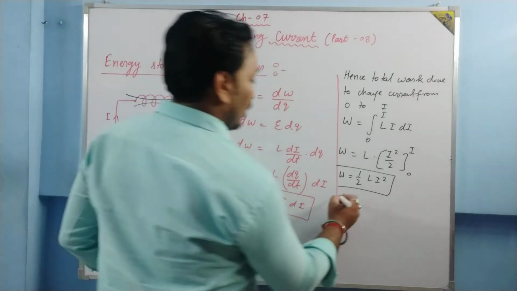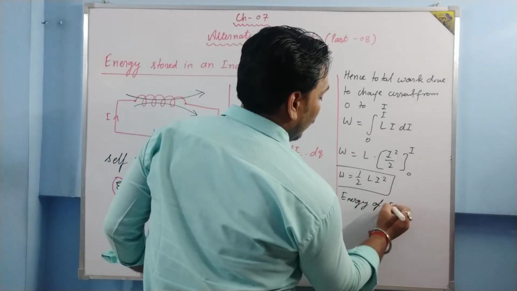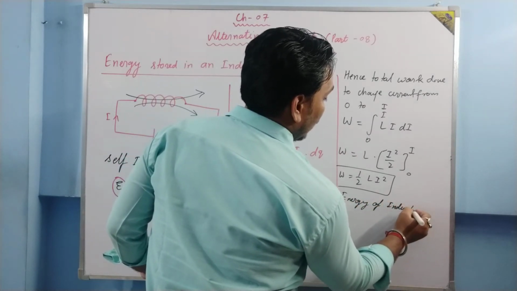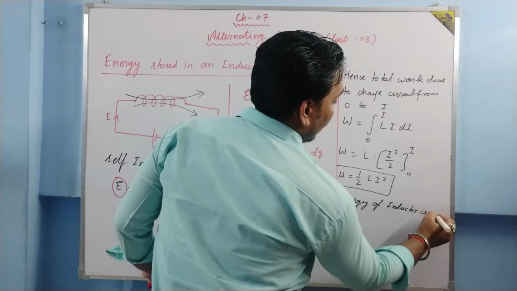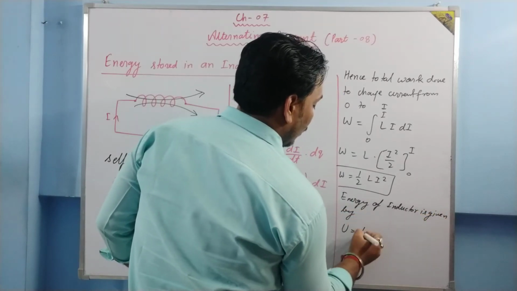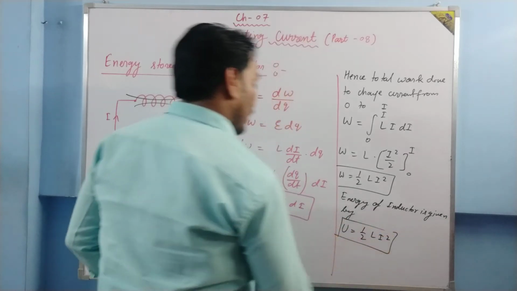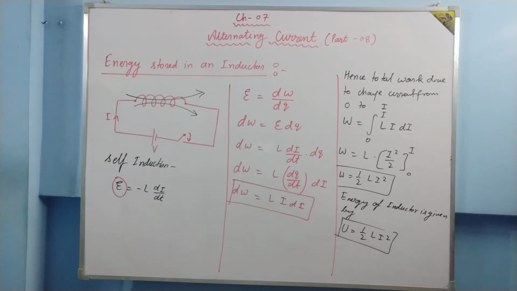So the energy of the inductor is given by U is equal to half Li square. Suppose the current builds to its maximum value I naught.